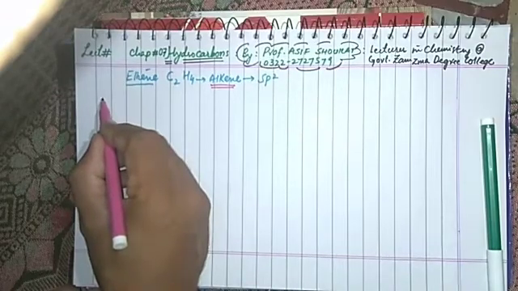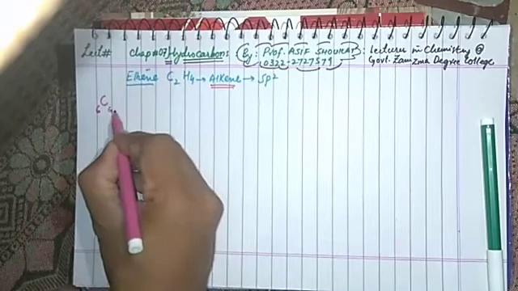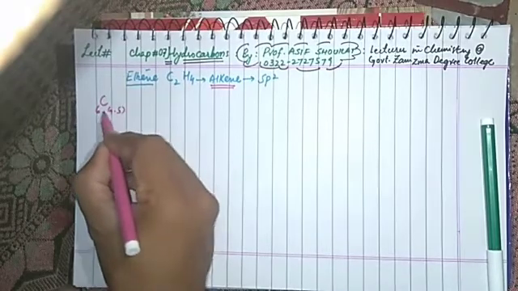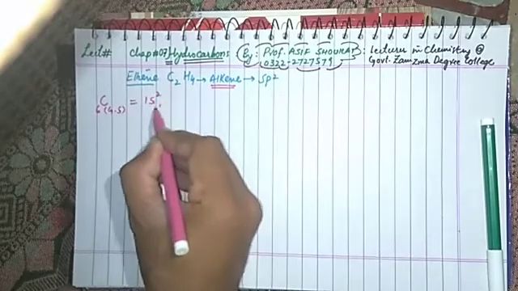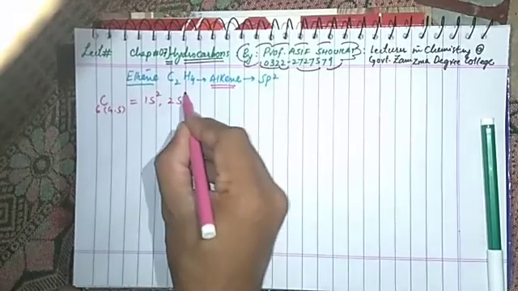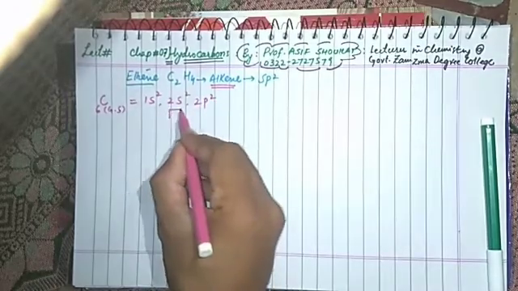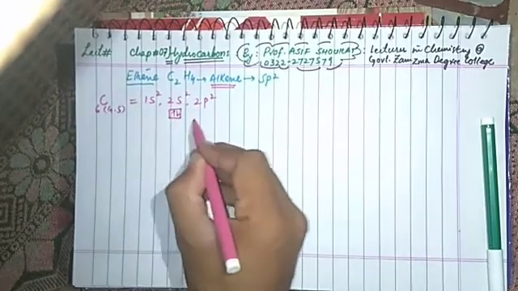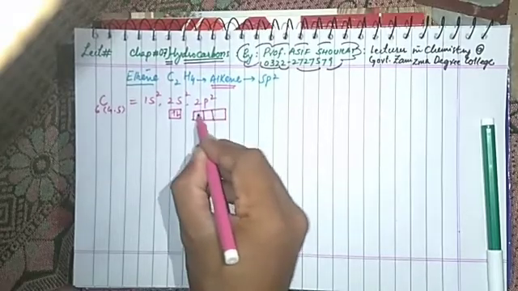Let's make first ground state electronic configuration of carbon. GS stands for ground state. Its electronic configuration would be 1s2, 2s2 and 2p2. There are 2 electrons in S. Also there are 2 electrons in P.